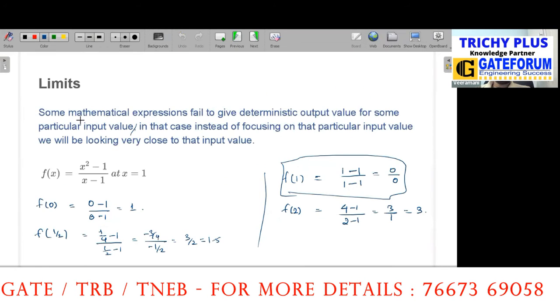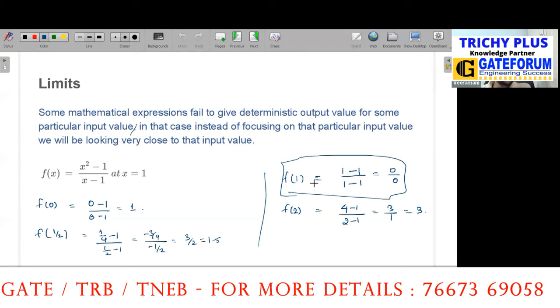So now coming back to this limit concept, some mathematical expression fails to give a deterministic output value for some particular input. In that case, instead of focusing on that particular input value, we'll be looking very close to that input. That is where the concept of limits comes. We know that the function is not working for that x equal to 1.